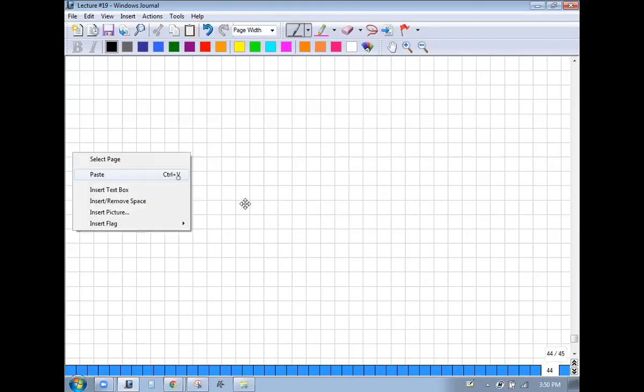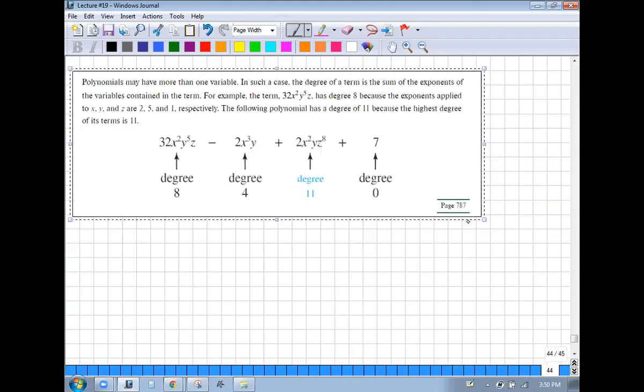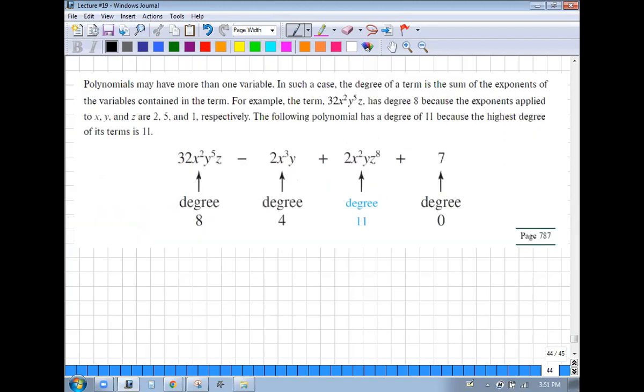All right, polynomials may have more than one variable. In such a case, the degree of a term is the sum of the exponents. So this one has x's and y's and z's, and it's hard to say which one is the leading one, right? This one has a y to the fifth, but this one has a z to the eighth.